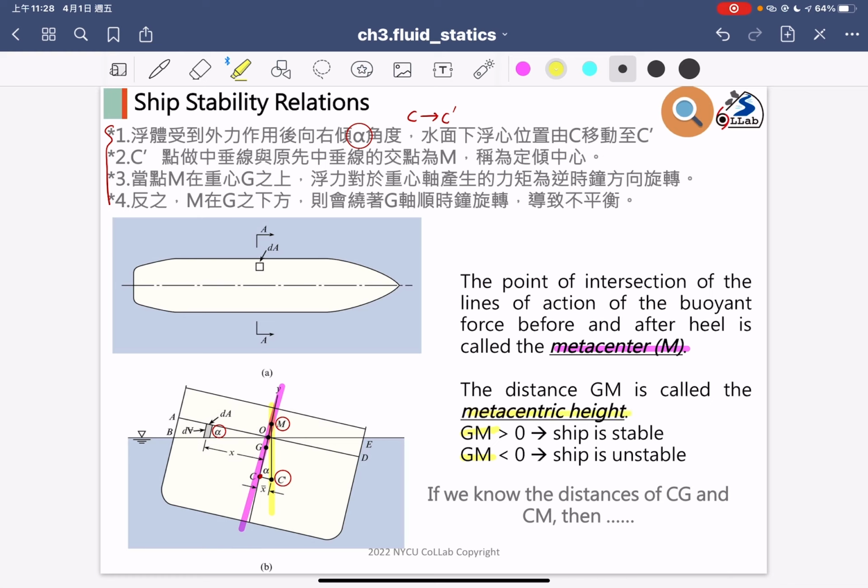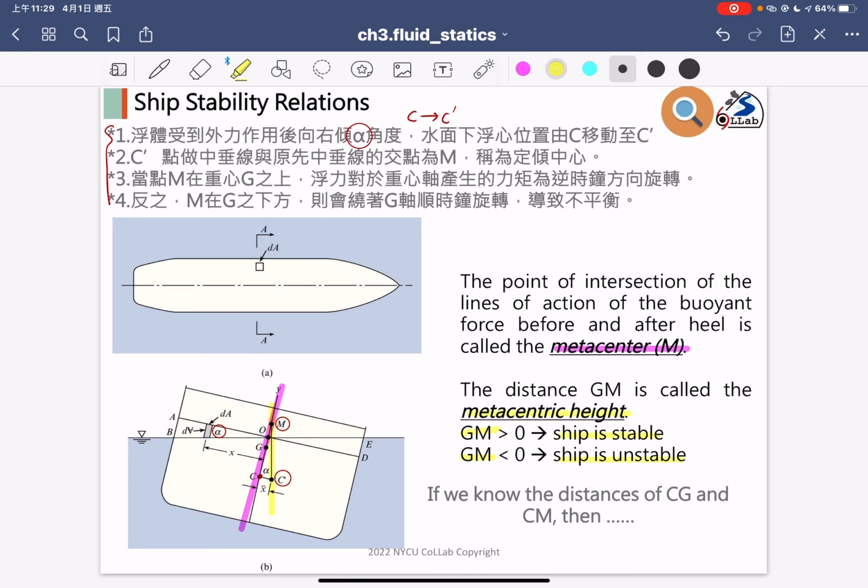So I directly tell you the final definitions: GM is larger than 0, that means the ship is stable. If the GM is smaller than 0, the ship is unstable.